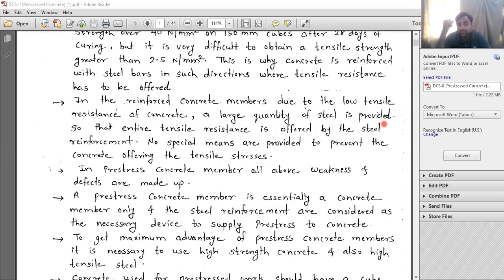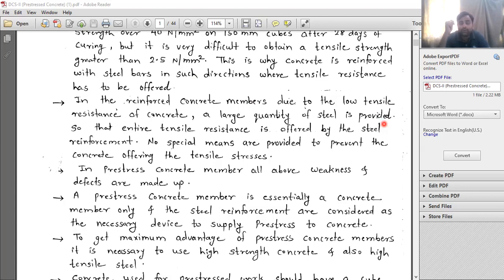Now, while designing the footing, you see that we provide almost 15-16 bars. The footing is of size around 2.5 meter to 3.5 meter or 4 meter. So you can see that we are providing a high quantity of steel.